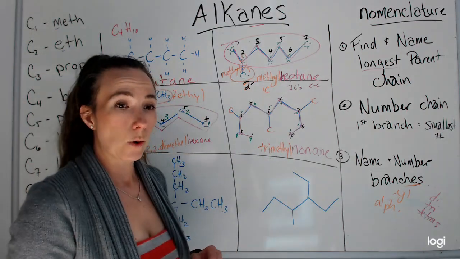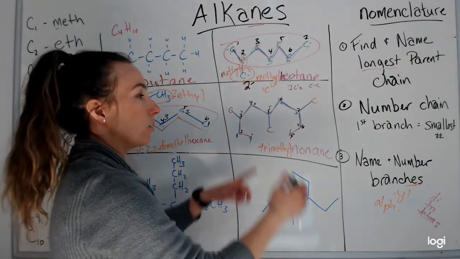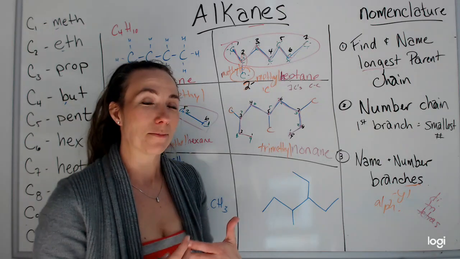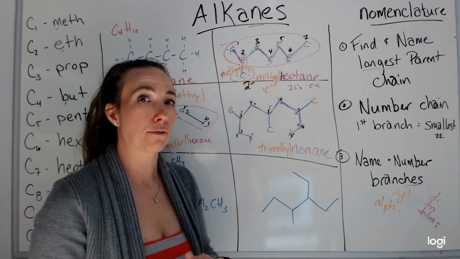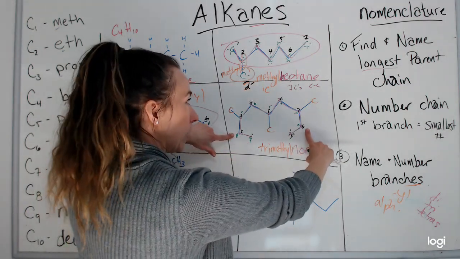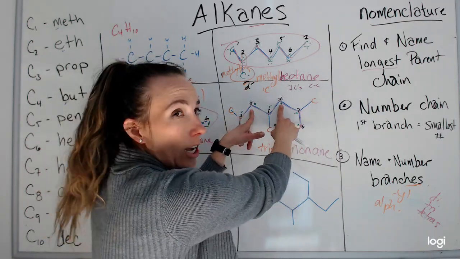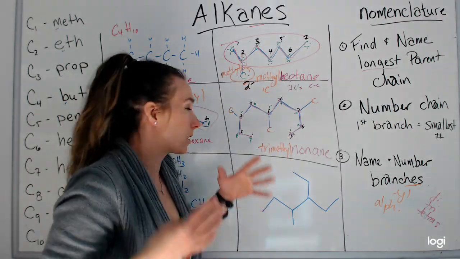So who gets to win, the black pathway or the green pathway? Well, the numbering system that wins out is the direction that hits the branch first. So have I hit a branch yet? No. Have I hit a branch yet? No. Have I hit a branch yet? Ooh, tied. Have I hit a branch yet? No. Have I hit a branch yet? Ooh, tied. They're tied. It's completely the same.